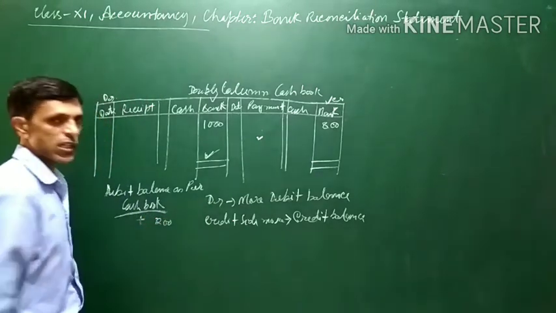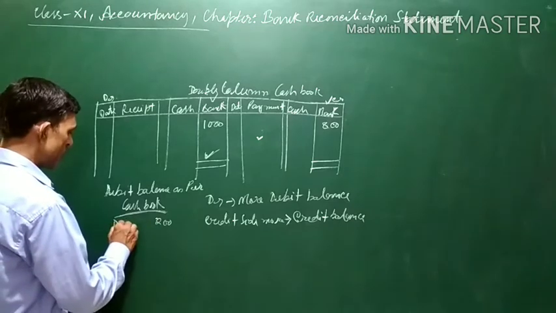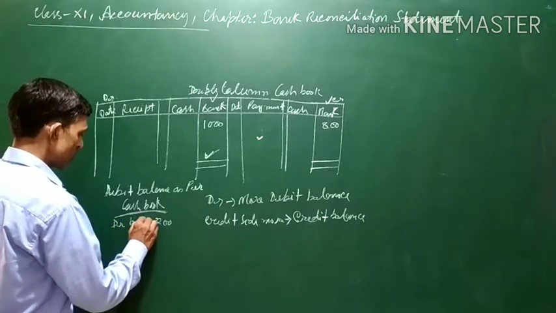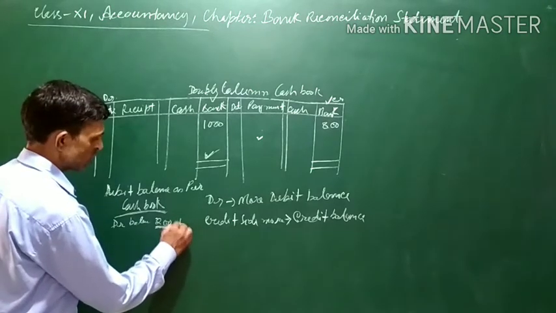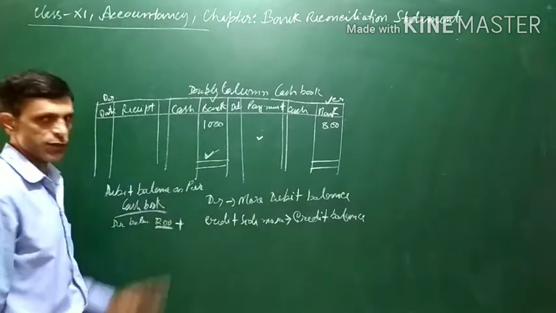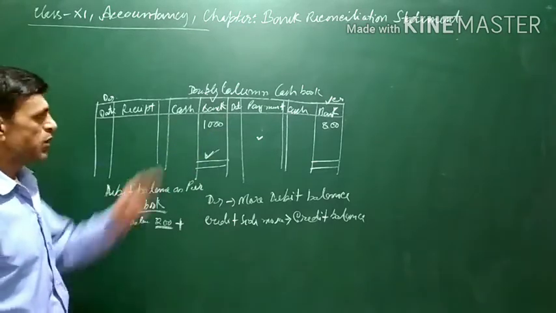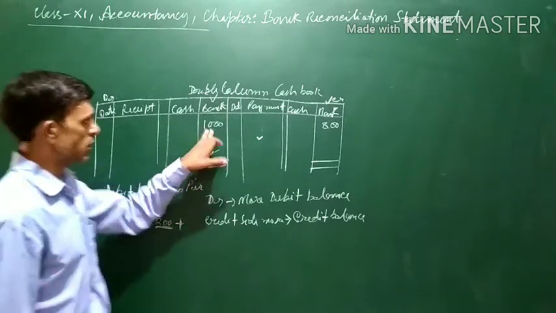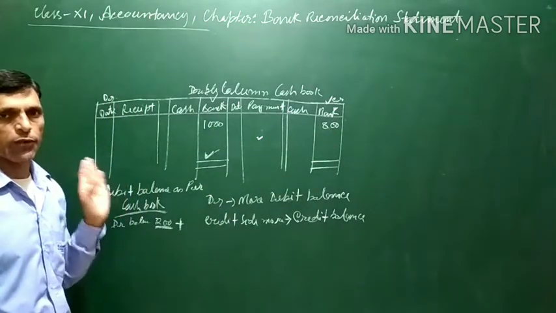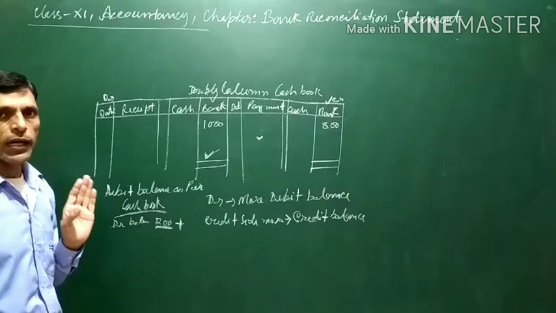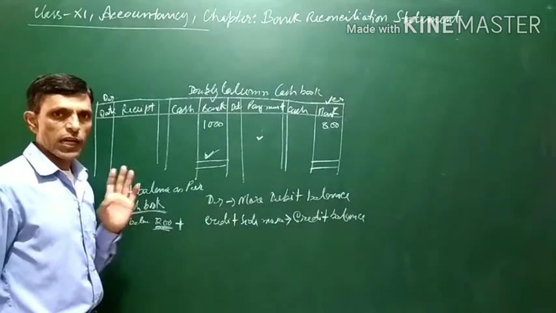It will be known as a debit balance of rupees 200, so it will be considered as a positive balance. Means we have deposited 1000 and payment of rupees 800 has been made. Still we have 200 balance left in our account. So it will be considered as a positive balance as per cash book.